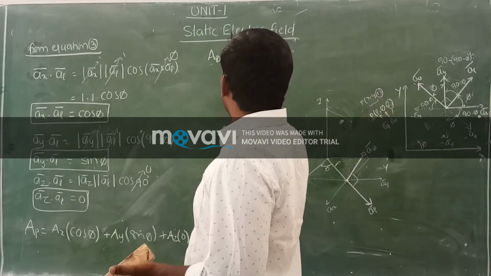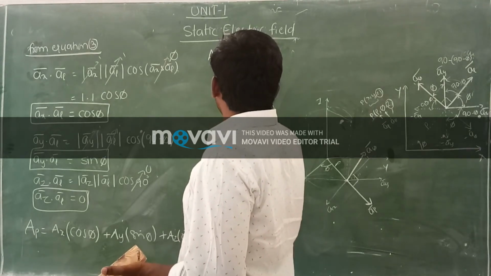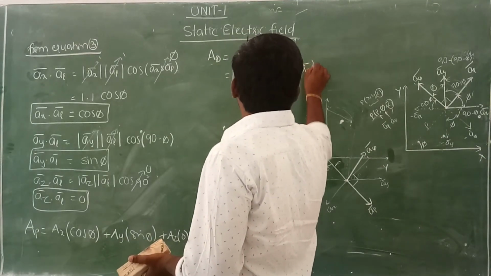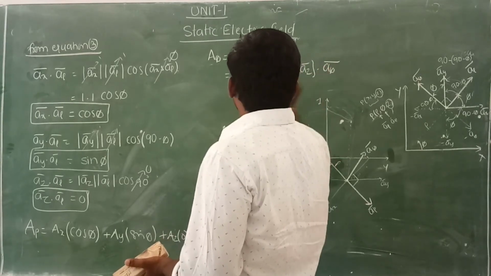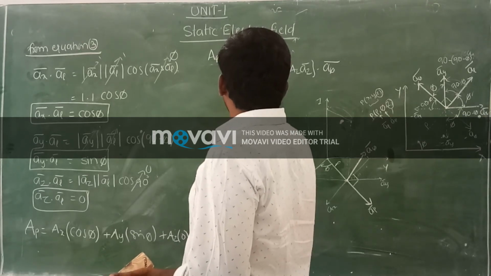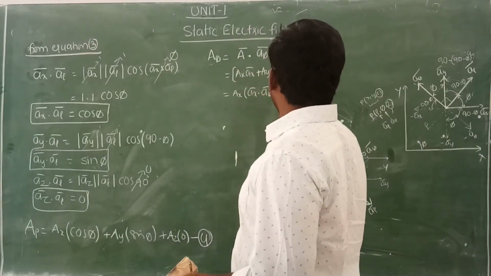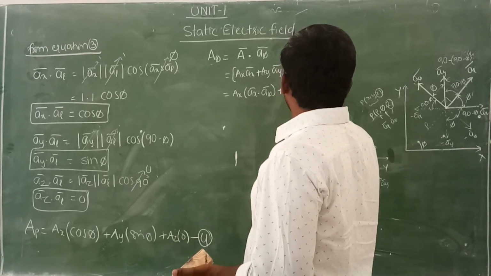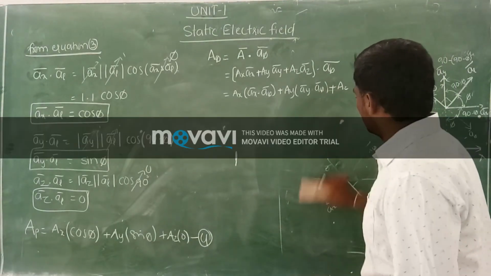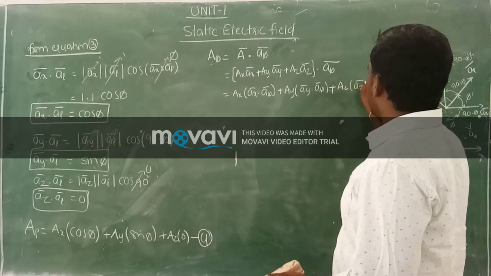So write the expression for A bar from equation 1: A_x into a_x bar plus A_y into a_y bar plus A_z into a_z bar, dotted with a_phi bar. Now calculate the dot product: a_x bar dot a_phi bar, plus A_y into a_y bar dot a_phi bar, plus A_z into a_z bar dot a_phi bar.